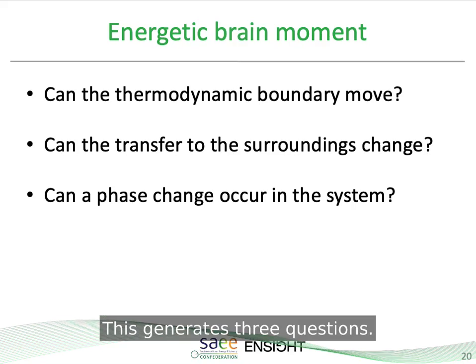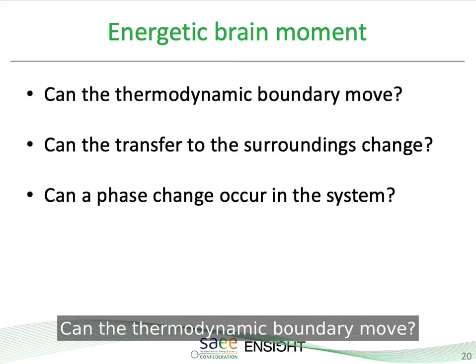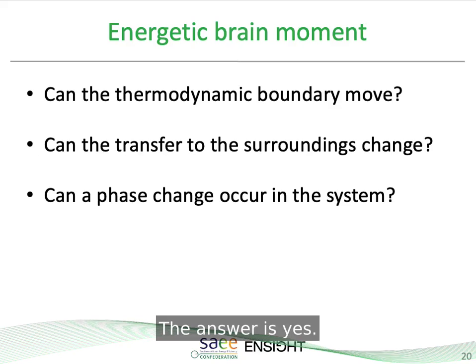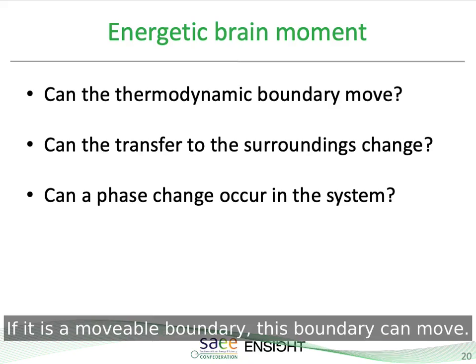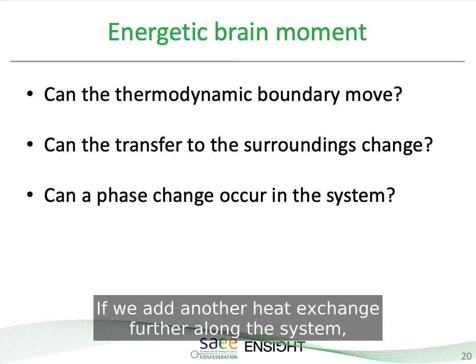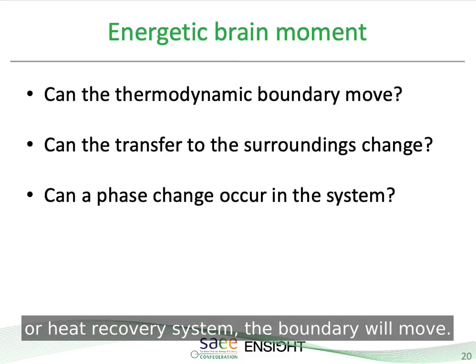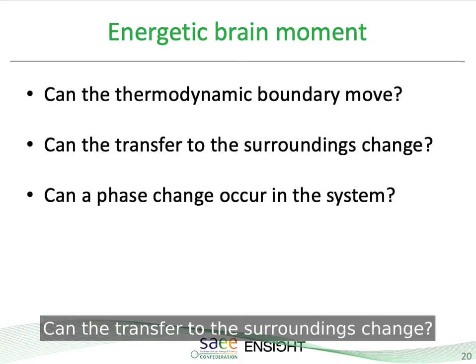This generates three questions. Can the thermodynamic boundary move? The answer is yes. If it is a movable boundary, this boundary can move. If we add another heat exchanger further along the system, or heat recovery system, the boundary will move. Can the transfer to the surroundings change?